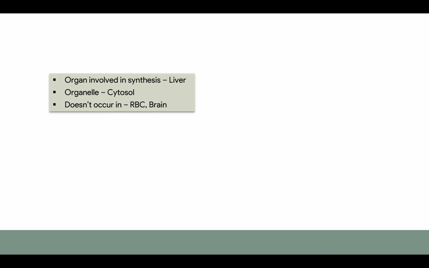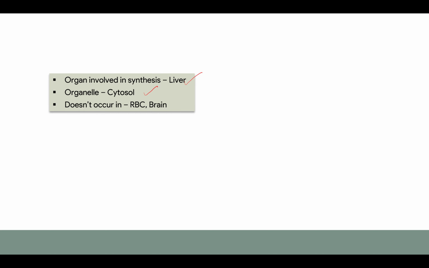Now, whenever we talk about any synthetic pathway, the first thing we need to see is the substrate available for the pathway, the organ where it is taking place, and the cell organelle where the synthetic or degradation pathway is taking place. So, for purine metabolism, the organ involved in the synthesis is the liver.